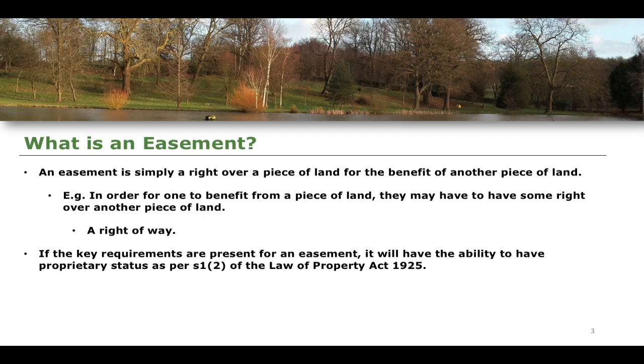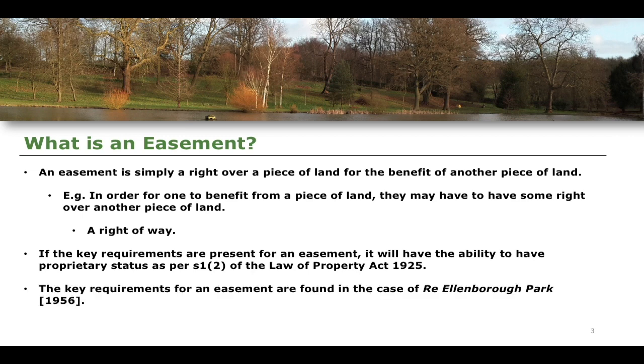Fundamentally, if the key requirements for an easement are present, it will have the ability of having proprietary status as per Section 1, Subsection 2 of the 1925 Law of Property Act. So it has quite significant advantages. It has significant legal rights and legal interests.